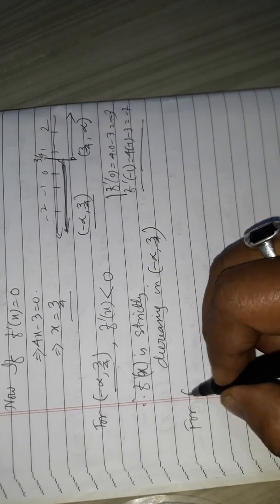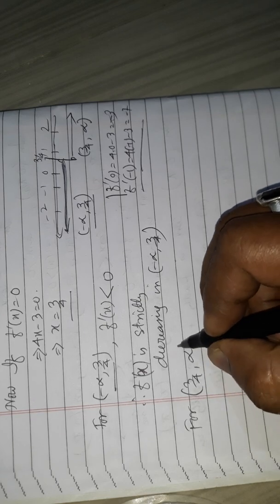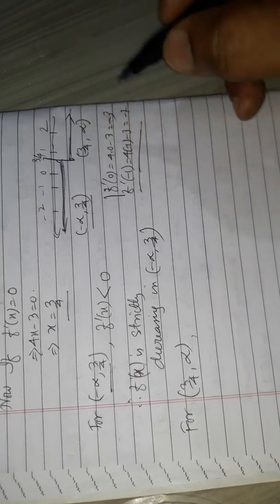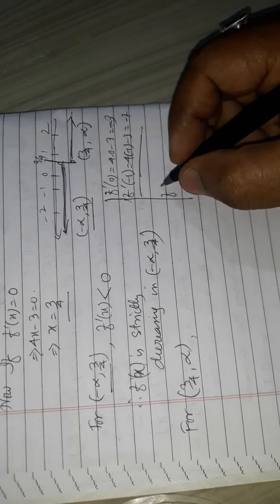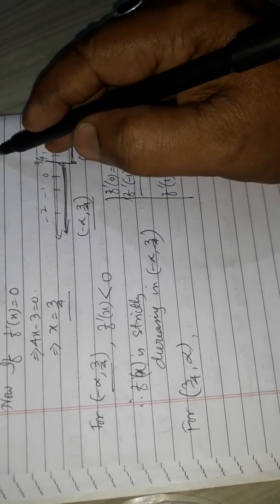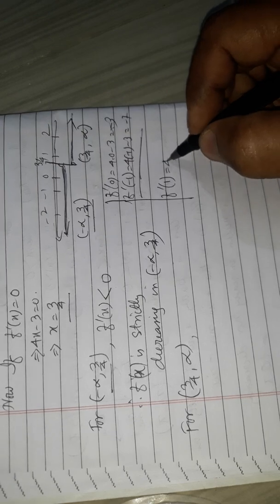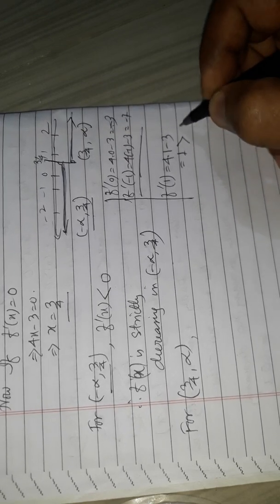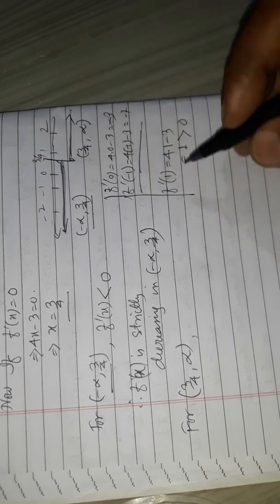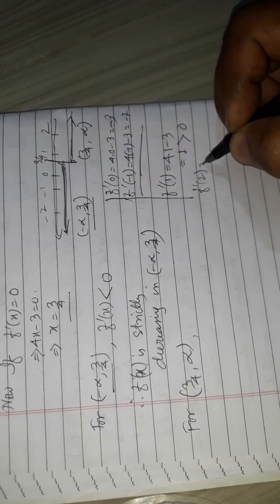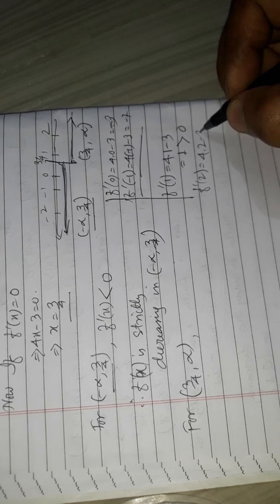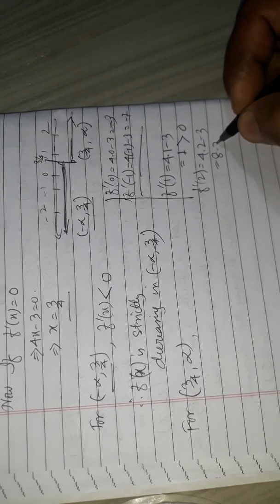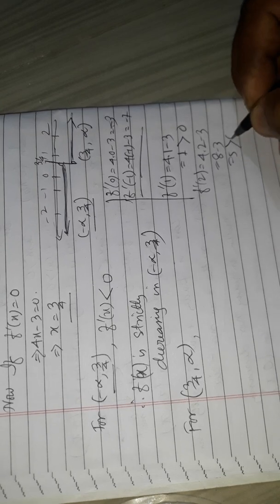Now for 3 by 4 to infinity. For this interval, suppose we check f dash 1: 4 into 1 minus 3, which is 1, greater than 0. We check another value, f dash 2: 4 into 2 minus 3, which is 5, also positive.